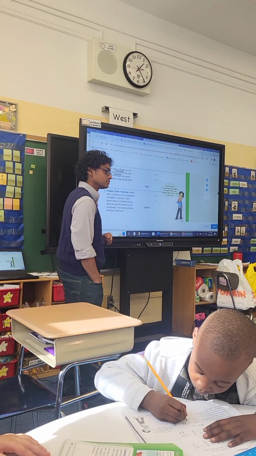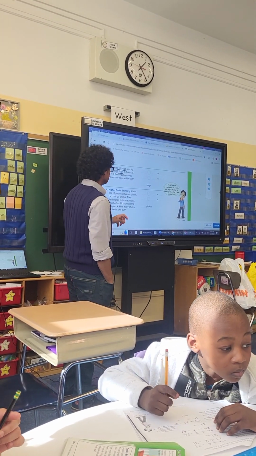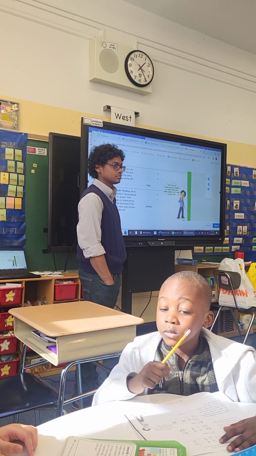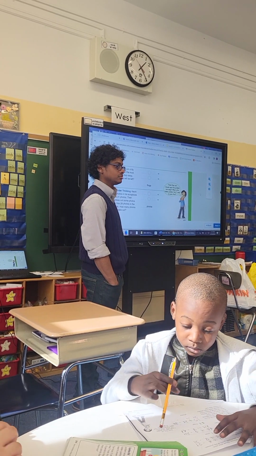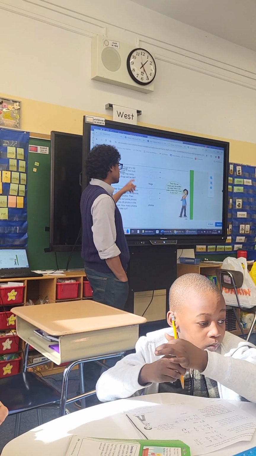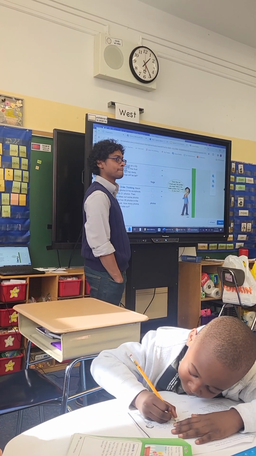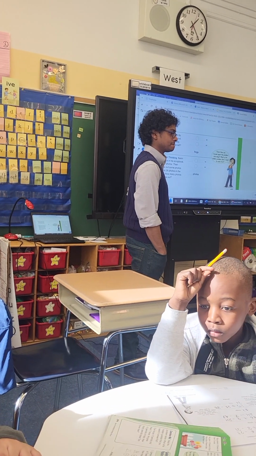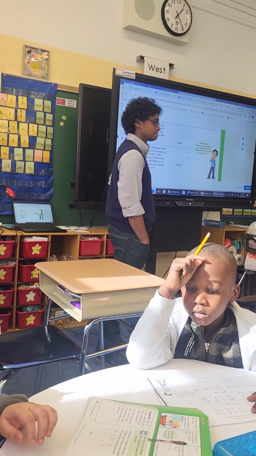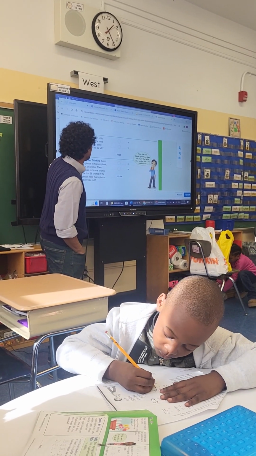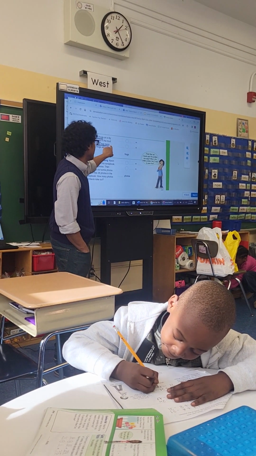Read it. It's number 3 in your book. We have that. We underline 8. What else do we have to underline? 7. 7 of the frogs hop away.